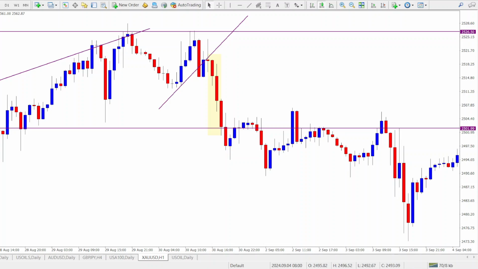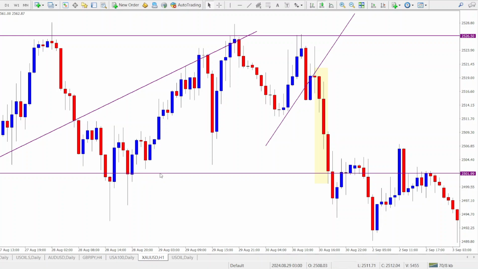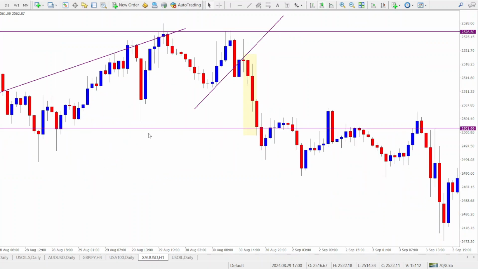Now how do you identify the identical free close pattern? First of all, there should be a previous uptrend preceding the candlestick pattern.